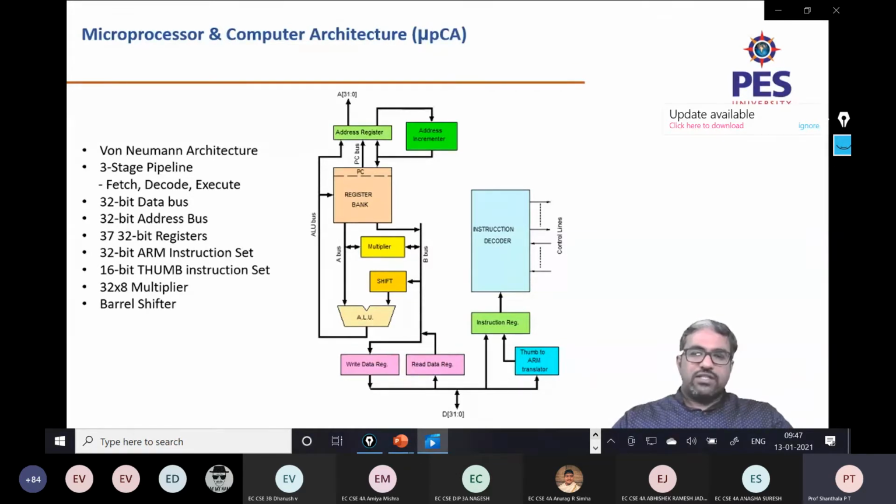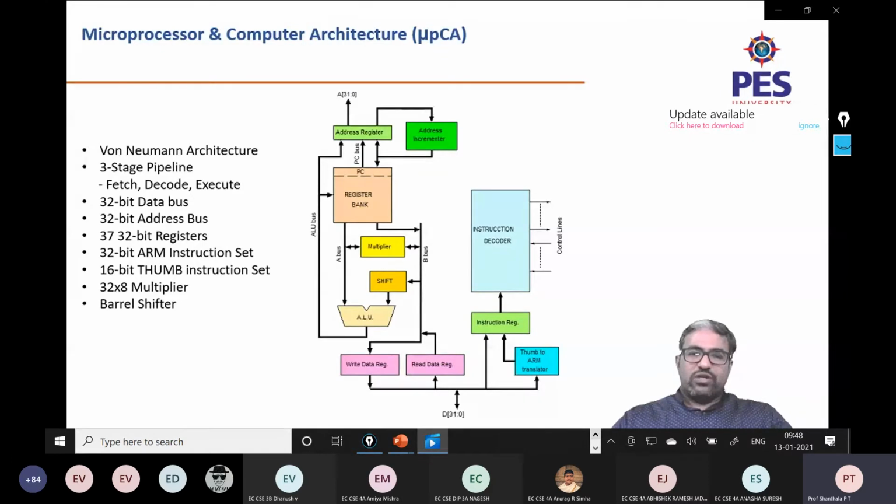And you have a register bank. You can see here, there is a register bank. It is not only the register set, which we call generally in other processors, we have the register bank. We have 37 registers, which are of 32-bit size.